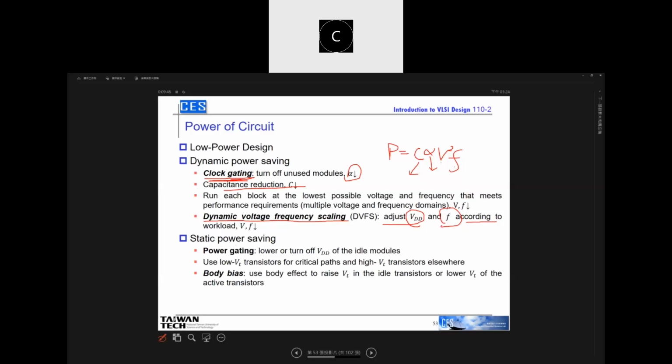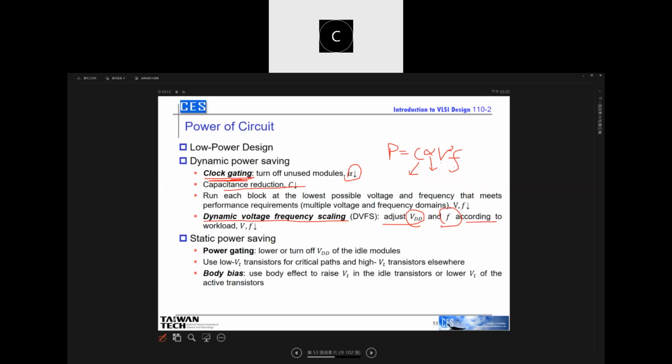Okay. This is actually used quite a lot in laptops. For example, this is called idle mode, right? If you don't touch your laptop, for maybe 5 minutes or 10 minutes, which you can adjust, then your laptop gets into what we call sleep mode. One of the things done in sleep mode is to reduce the VDD and to reduce the frequency.